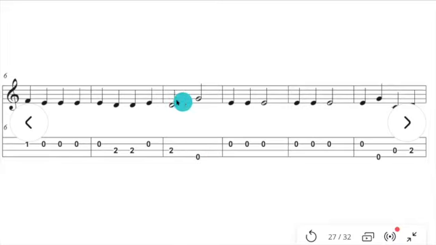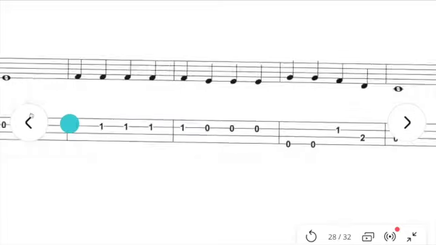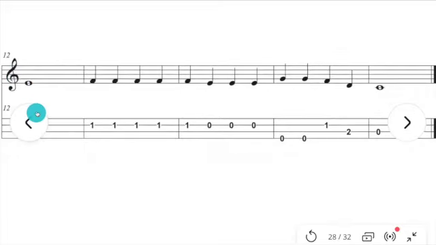Now, of course, I was counting those. I know this is a 2 here. Open, open, open, 2. Open, open, open, 2. Open, open, open, 2. Open, 2, 3, 4. 1, 1, 1, 1, 1. Open, open, open, open, open. 1, 2, 1, 2, 3, 4.